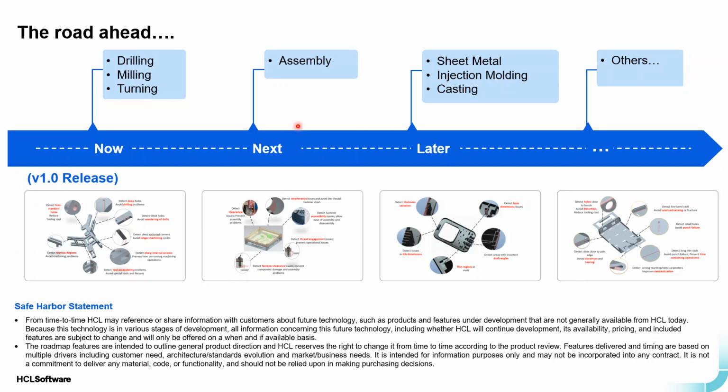Finally, let's look at what's next in the CATIA journey that we have embarked on. We have launched version 1.0 of DFMPro for CATIA V5 with a focus on machine components. We are following that up with assembly best practices. Later, we will support cast components, molded plastic parts, and sheet metal manufacturing processes as well.